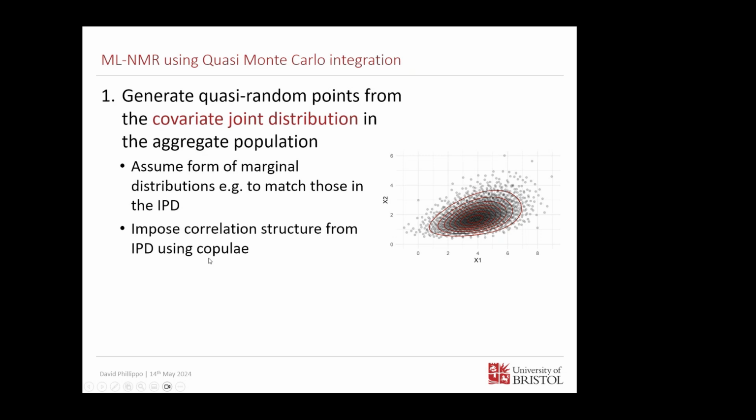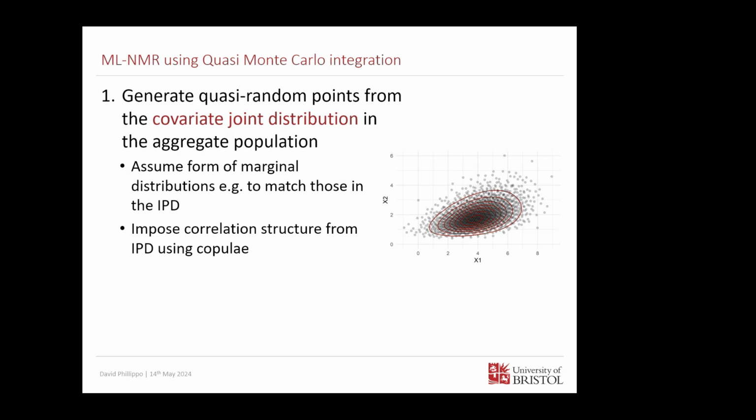And we can also impose the correlation structure from the IPD as well. And all of this is wrapped up using a copula type approach. And that very flexibly allows you to reconstruct the joint covariate distribution just from those published marginal summaries. In practice, the results don't really depend on these assumptions.